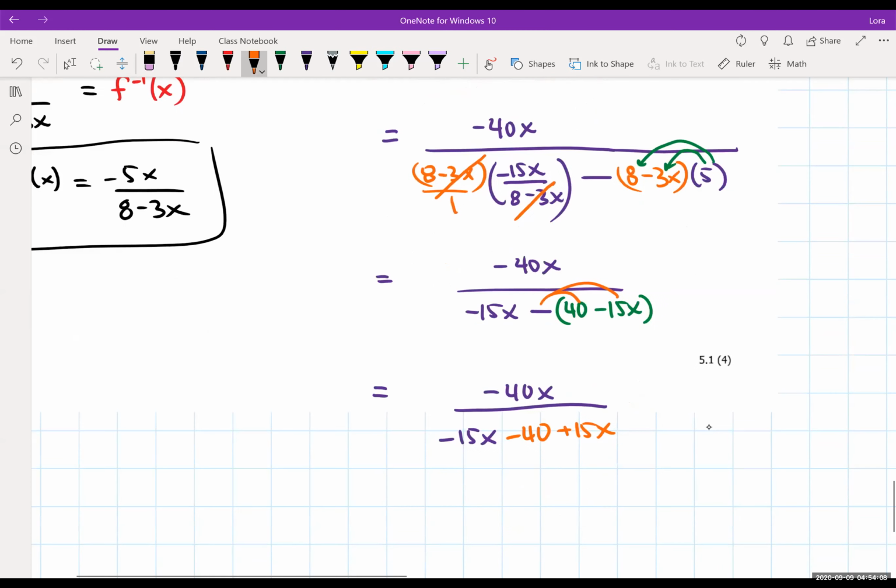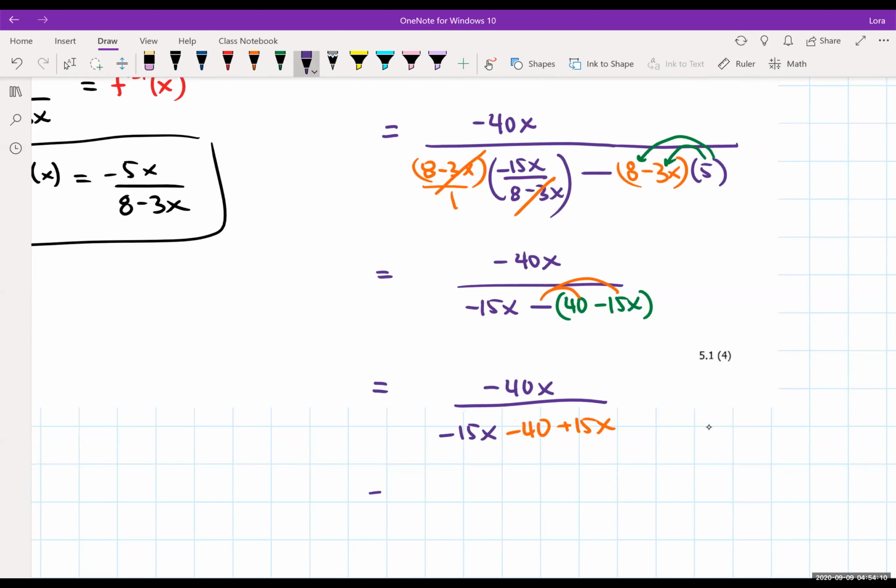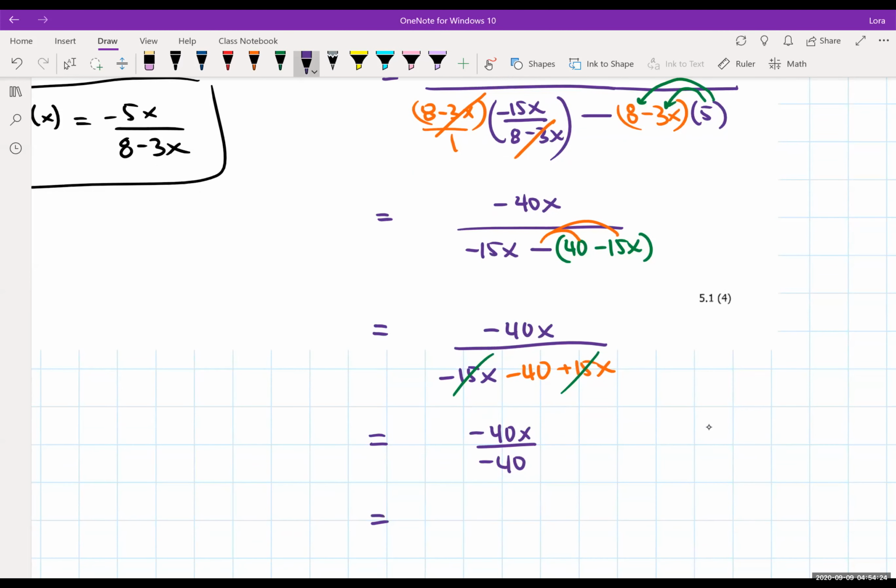So if we take our time and combine like terms in the denominator, you will see that the 15x's neutralize. You will get negative 40x over negative 40. And then what happens to the negative 40 over 40? They divide out, and we are left with just an x.